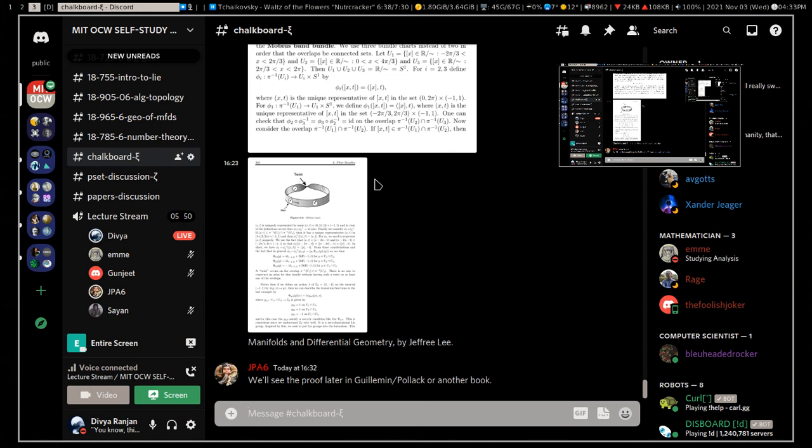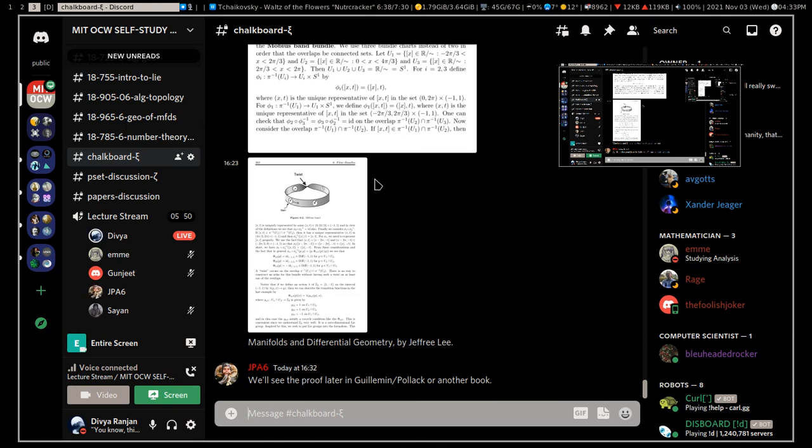Yeah, it seems like it might need the differential part if we're going to talk about vector fields. Right. It is very closely related to the Lefschetz fixed point theorem.